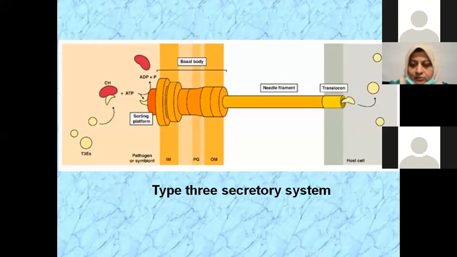So this is how you can see, this is the injection-like structure in the bacterium, and there is a platform-like structure. This is the basal body, this is the needle filament, and this is the host cell. So you see, this is the bacterial cell. So this is how it injects its exotoxin directly into the host cell, like we inject something into some matter.